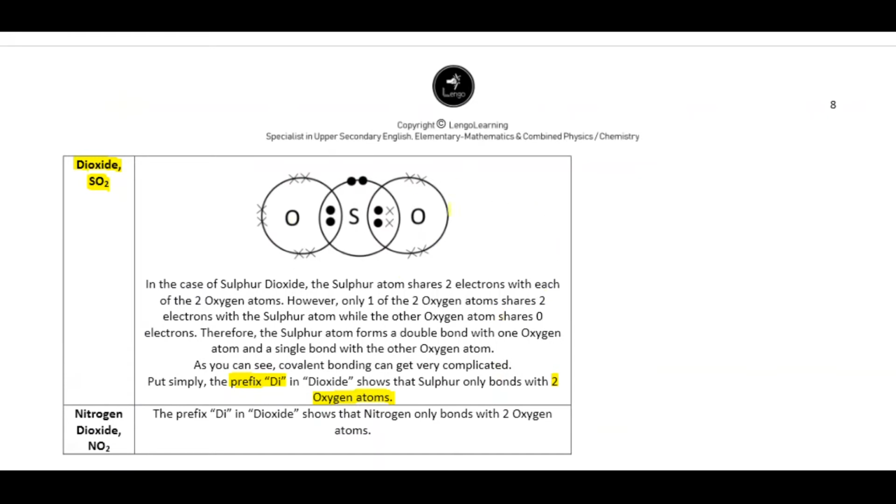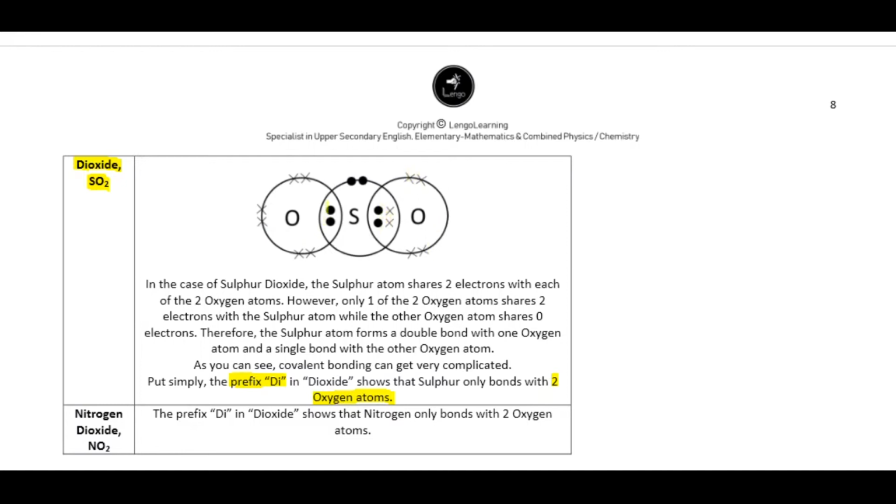So here I've included the diagram. As you can see, it's quite complicated. What happens is that one oxygen, for example, the oxygen atom on the left, will not share any electrons, whereas the other oxygen atom will share 2 electrons.